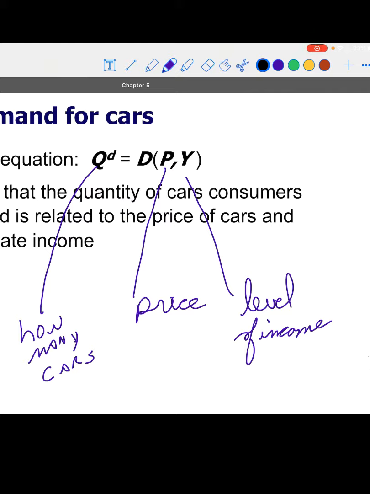For the most part, we think that if the price goes up, people buy fewer goods. As the income level goes up, people buy more cars.